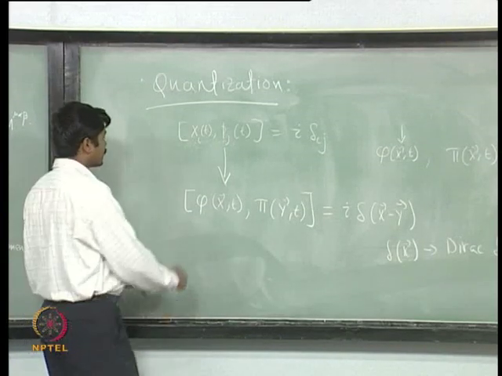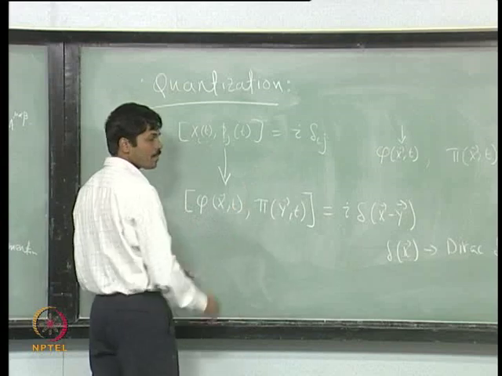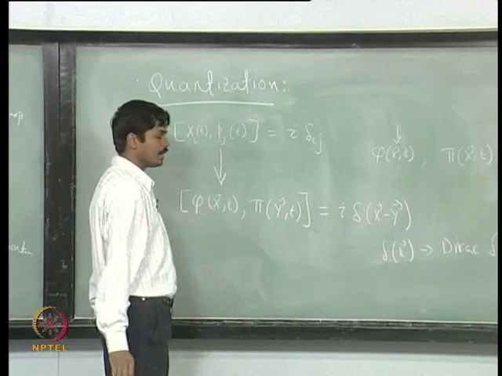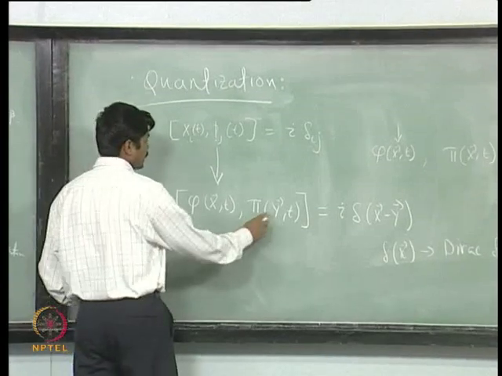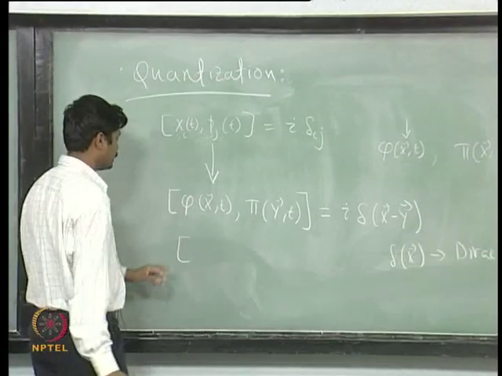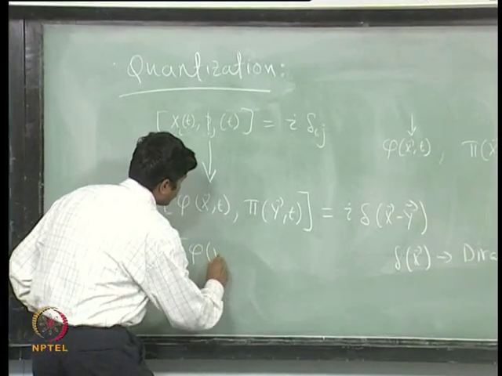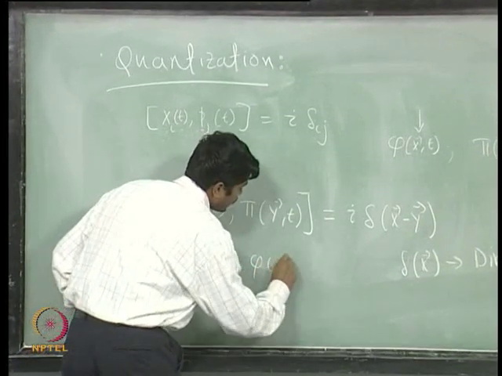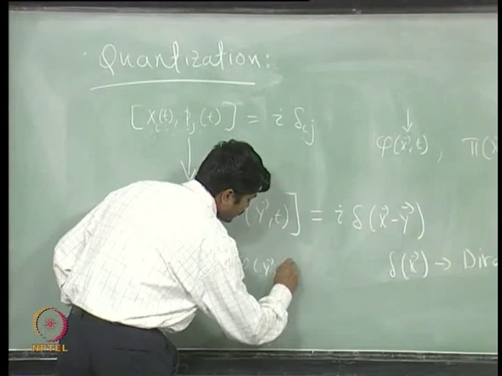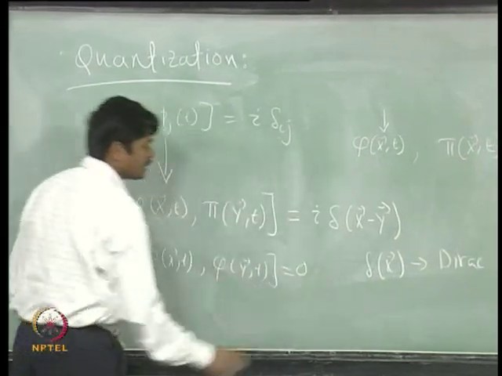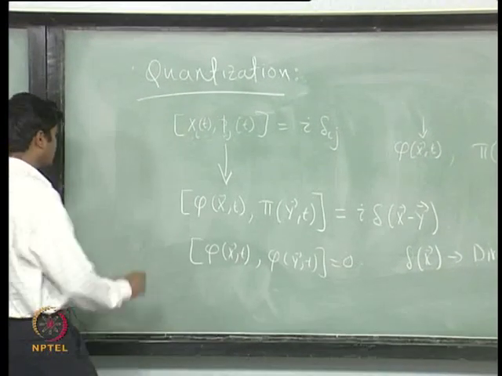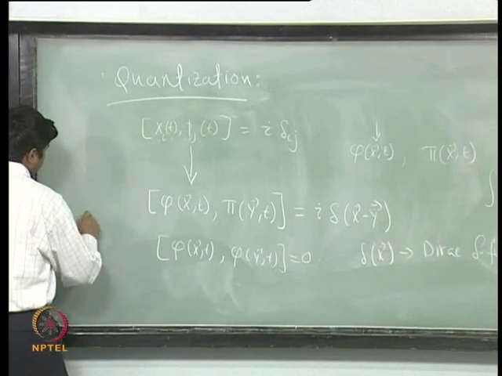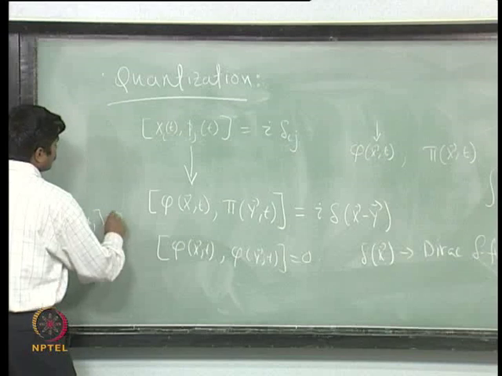What is the commutation relation between the field phi of x, t and phi of y, t, and the other commutation relations? The commutator of phi of x, t and phi of y, t is equal to 0, just as in quantum mechanics, x_i x_j commutator is equal to 0.